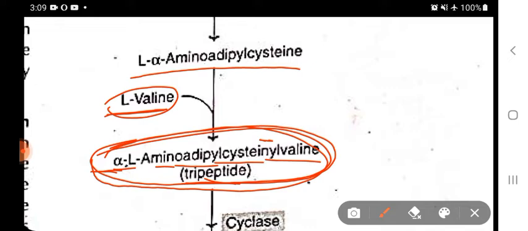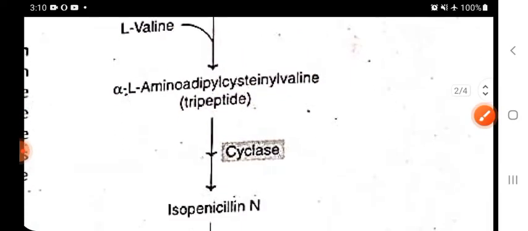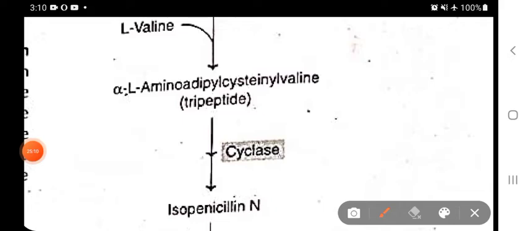alpha L amino adipyl cysteine valine, this tripeptide will undergo cyclization. It will undergo cyclization to form isopenicillin by the action of the enzyme cyclase.